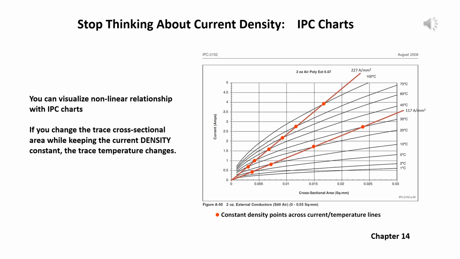Every point along a straight line has the same current density. And yet, any straight line drawn on this graph crosses multiple temperature lines. This shows that the same current density has different temperatures depending on the conducting cross-sectional area of the trace. Or, stated another way, the current density will have different temperatures depending on the form factor of the trace.